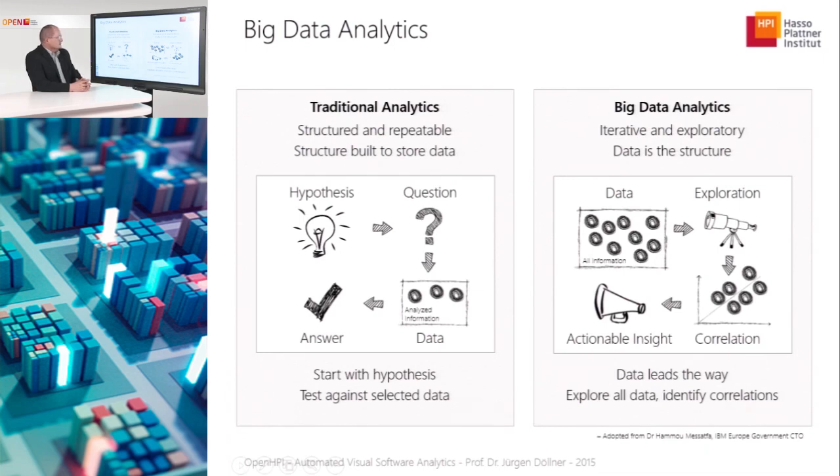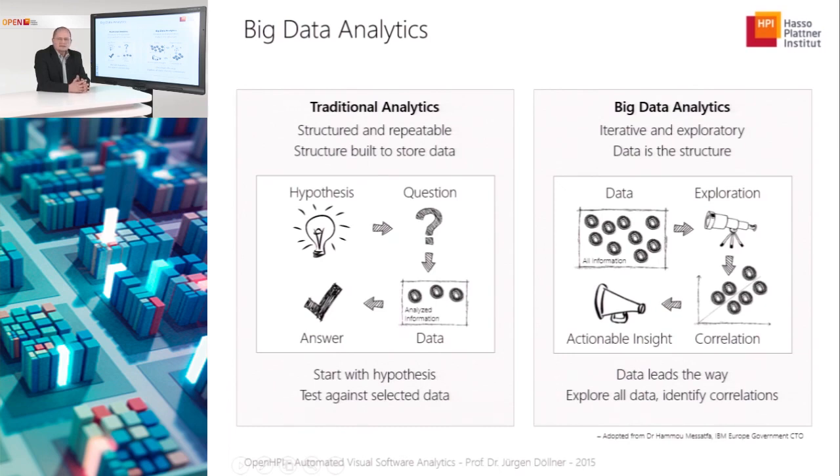In big data analytics, there's a key difference. We start with the data and explore the data without selecting specific parts of the data. So we explore the entire data set. We try to find correlations, to find interesting patterns or structures, and hopefully this gives us some actionable insights.